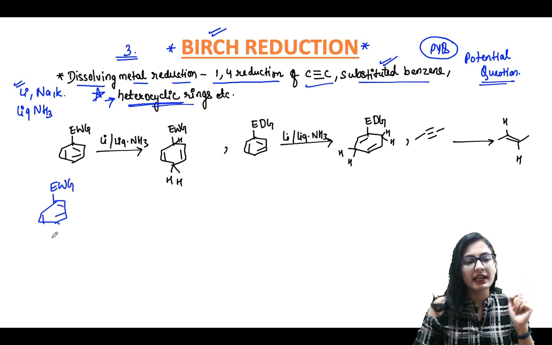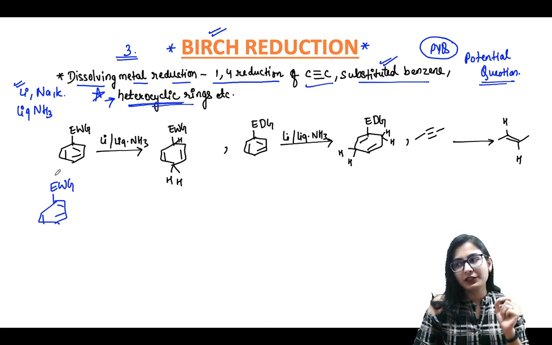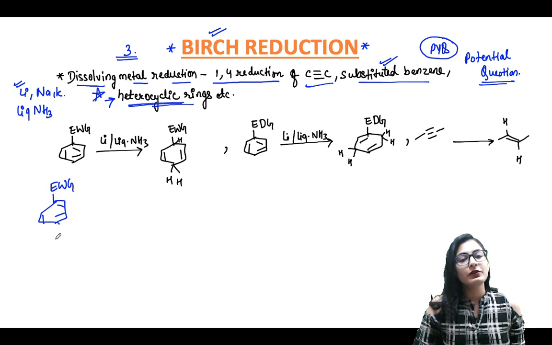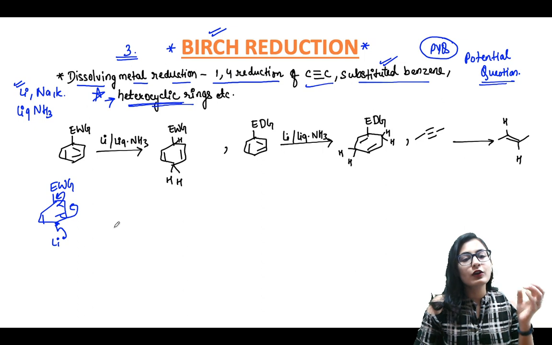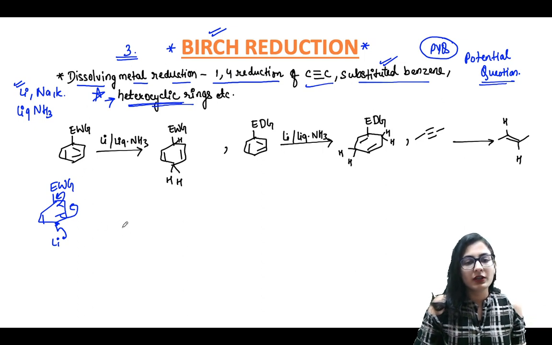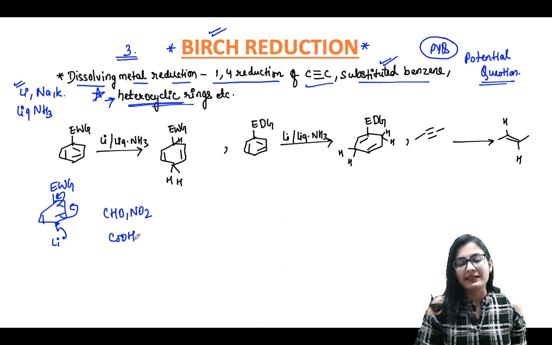If I have an electron withdrawing group on my benzene, what is the electron withdrawing group going to do? It is definitely going to take this electron. The electron is coming from lithium, so I'm just writing it like this. The electron is going to be taken up at this carbon, and the anion is going to be made closer to the electron withdrawing group. The electron withdrawing group can be aldehyde, nitro, COOH, ester, and so on.